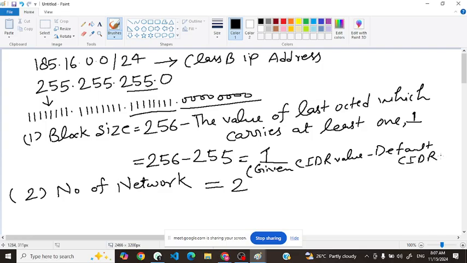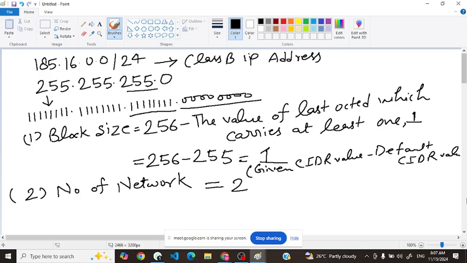Yeah. 1 minute. So it will be 2 to the power of, the given CIDR value is 24, the default CIDR value is 16. So the number of networks will be 2 to the power 8.